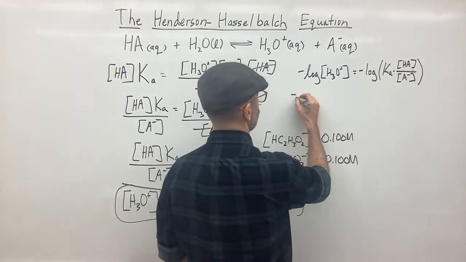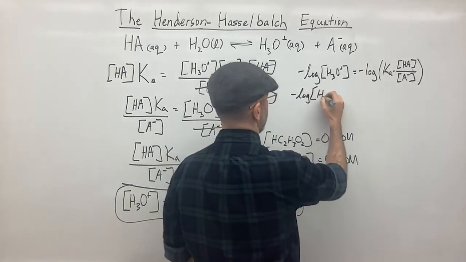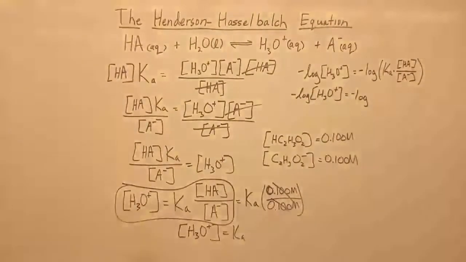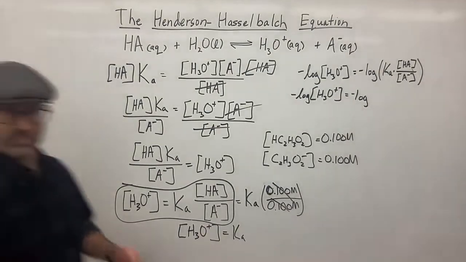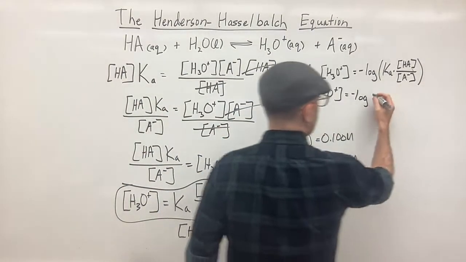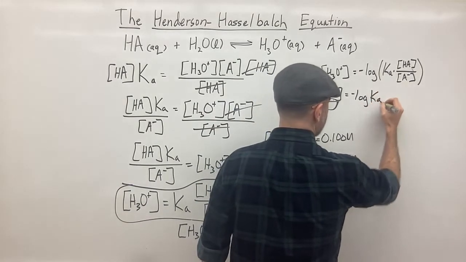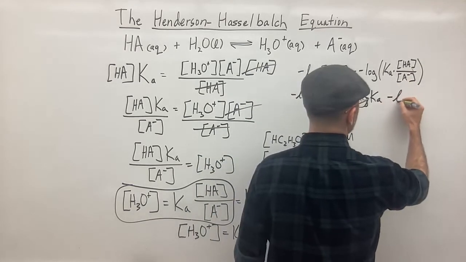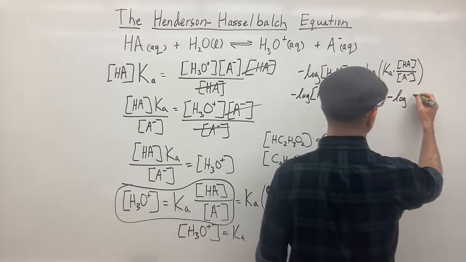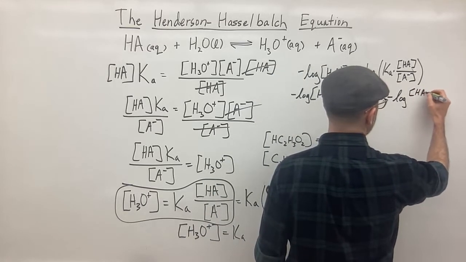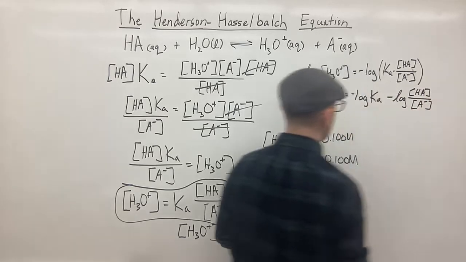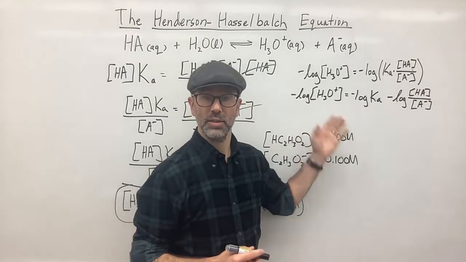So I'll have the negative log of H3O plus is equal to the negative log of the Ka value, and then minus the negative log of HA concentration over the A minus concentration.